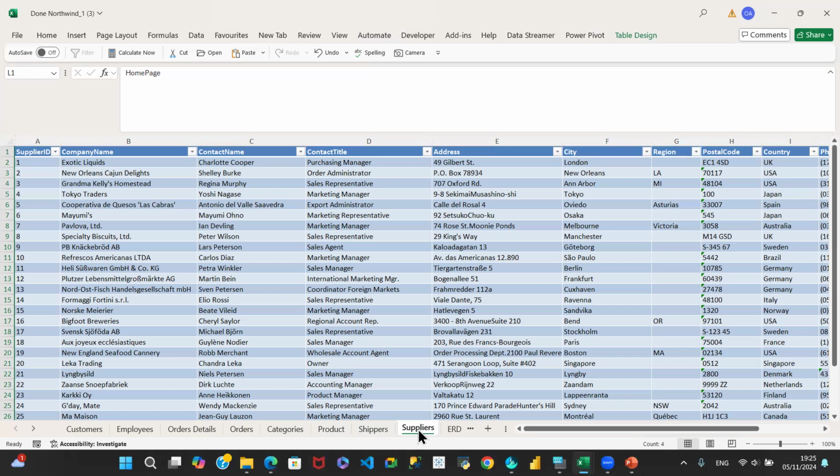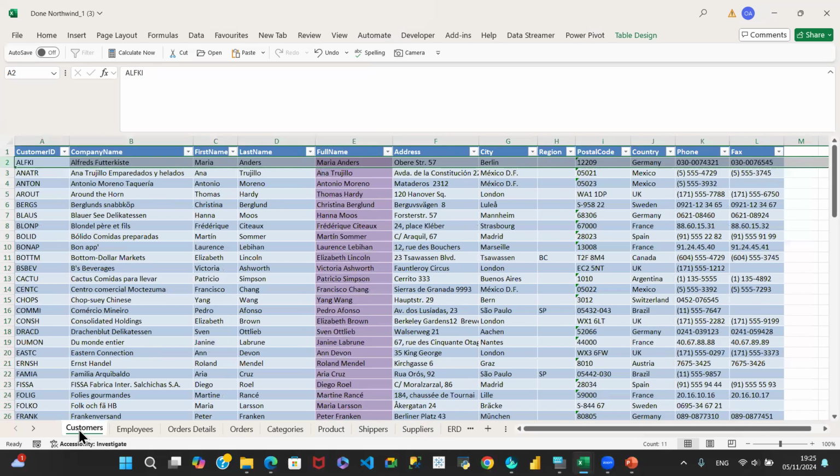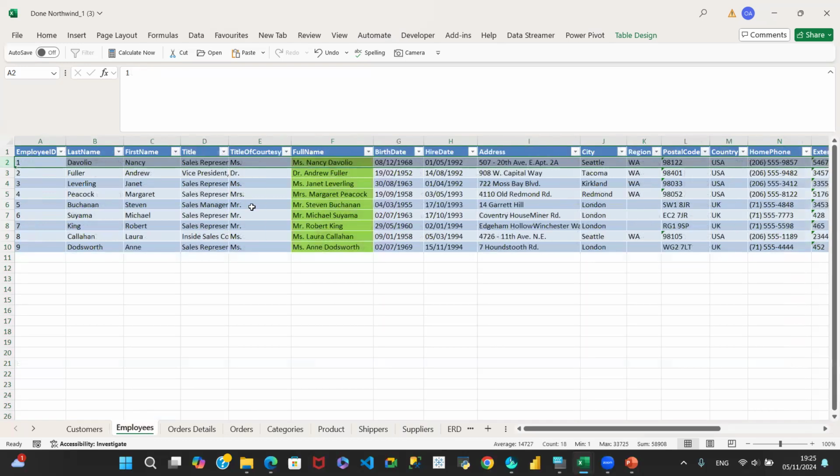And these are called your lookup tables or your dimension tables. They are your lookup tables or your dimension tables, because what they provide you with more than anything is just information about, for example, your customers. On the employees, you just get to see more information about your employees.